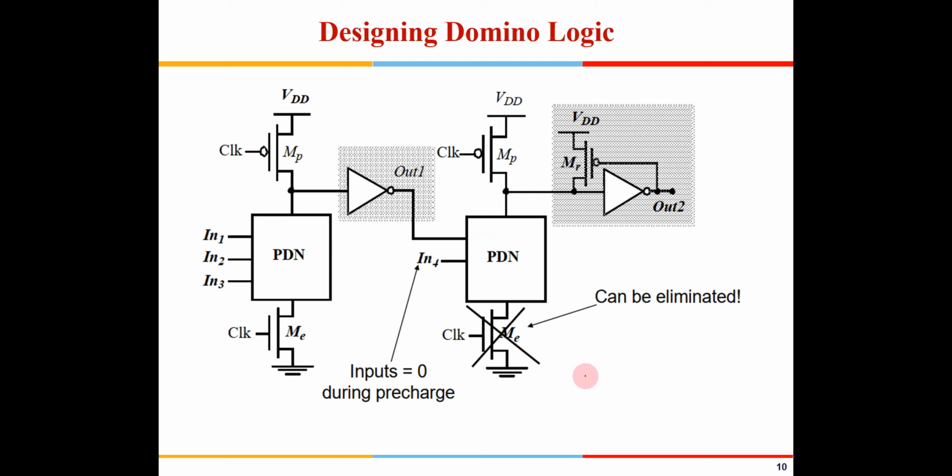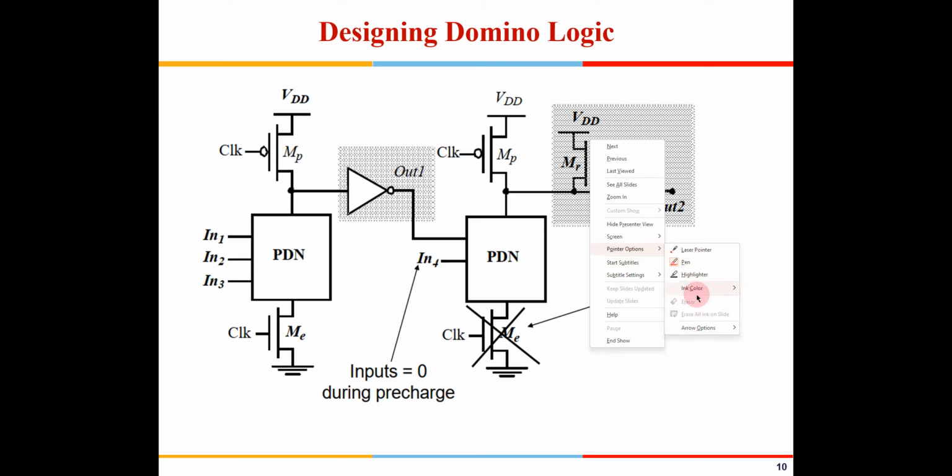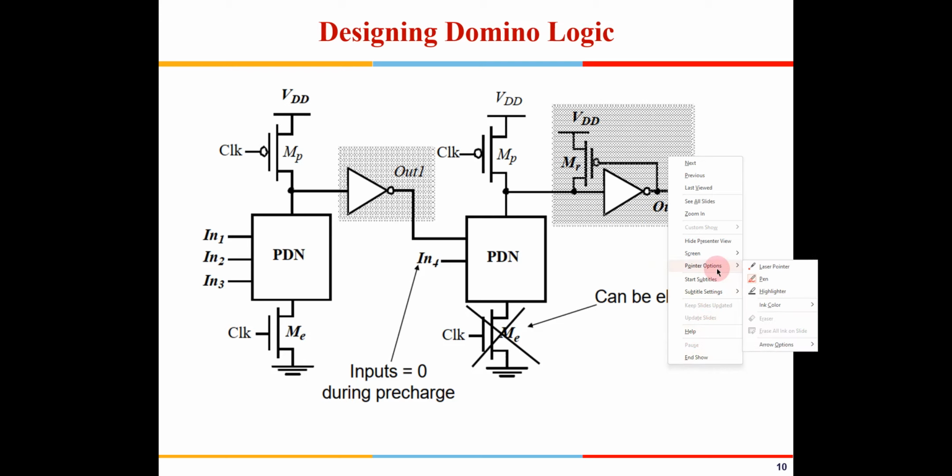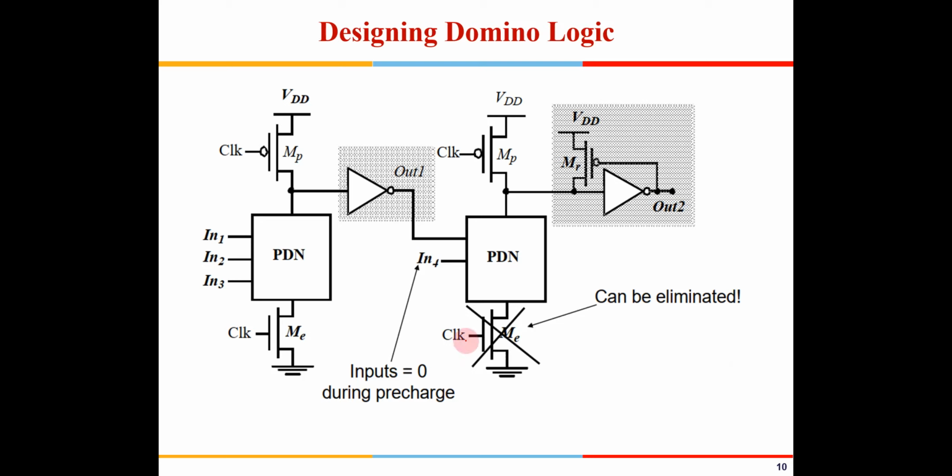Okay. Before discussing the drawbacks, let's discuss one more issue. So if you see here, this transistor, is it really required? If you see, this is one dynamic logic. In the first stage, we require this transistor, and we require this transistor also.